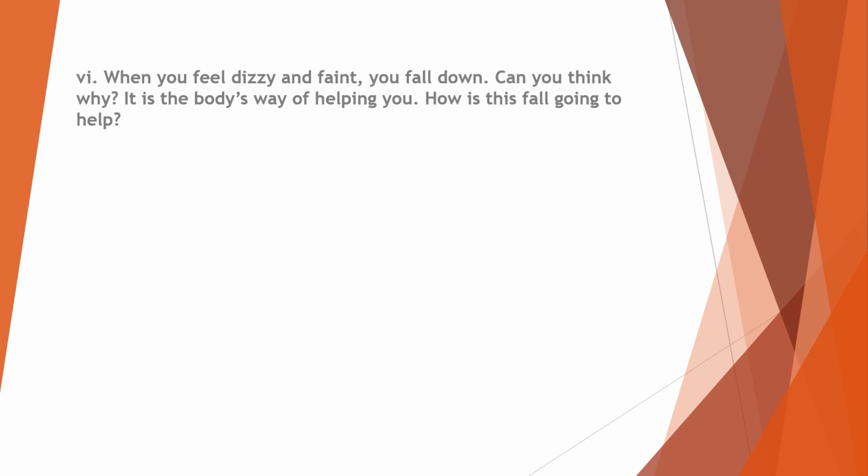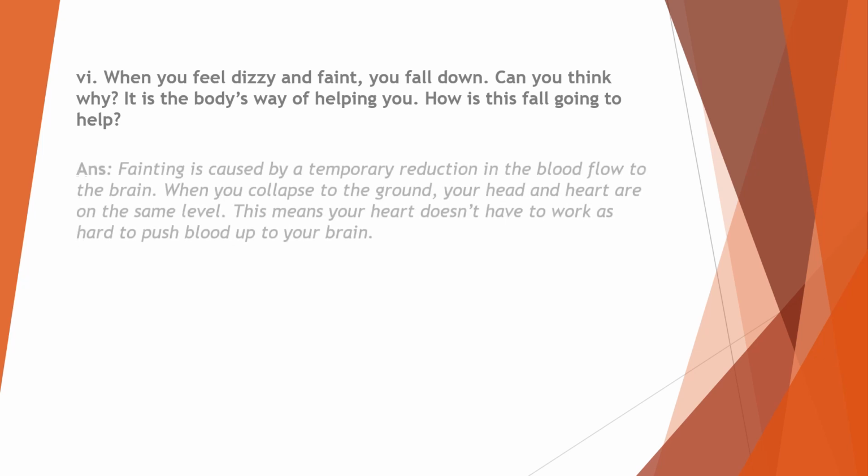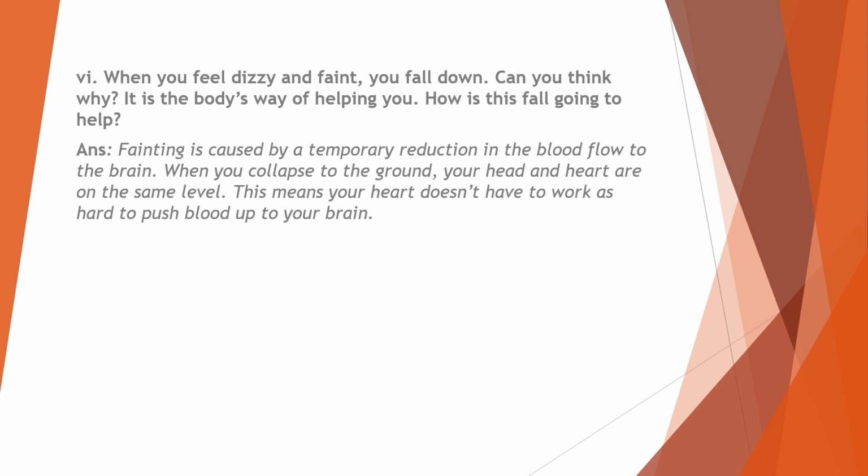I hope that you understood the reason. We will write our answer as, fainting is caused by a temporary reduction in the blood flow to the brain. When you collapse to the ground, your head and heart are on the same level. This means your heart doesn't have to work as hard to push blood up to your brain.